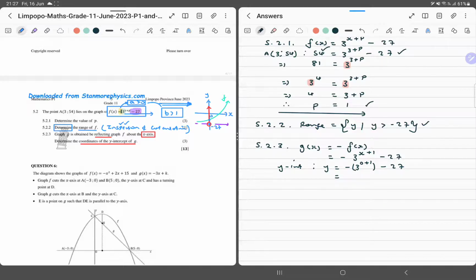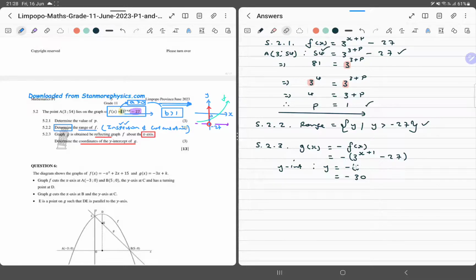So it's 3 minus 27. So this is minus 30. So that is not true, is it? It doesn't agree. Oh, I did not multiply things properly. Remember, this negative multiplies everything. So when we do that, here it becomes positive. In fact, we did not finish our determination.